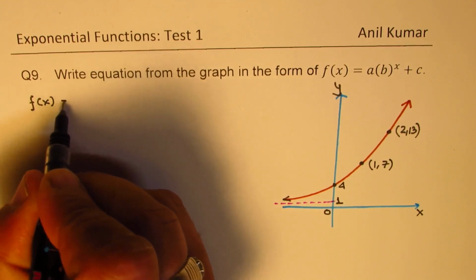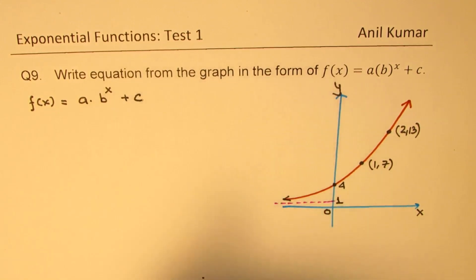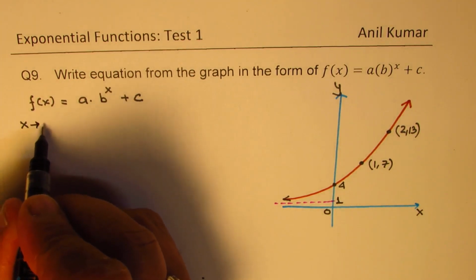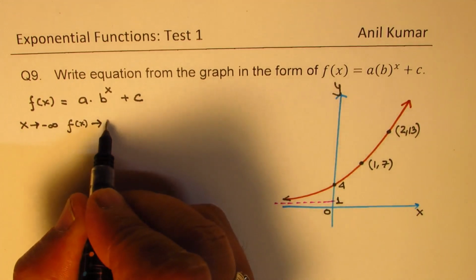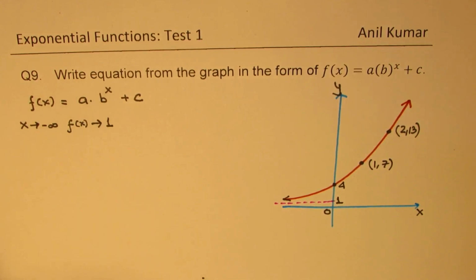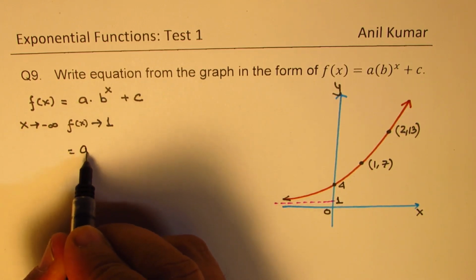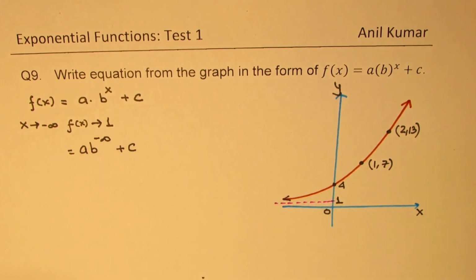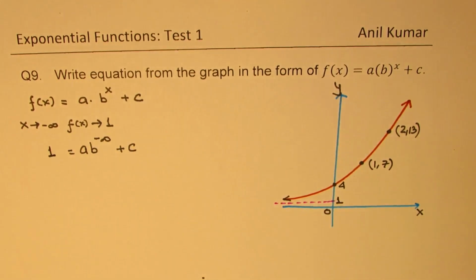So we are given the function in the form of a times b to the power of x plus c. So let's begin with this information, which is as x approaches negative infinity, f of x approaches 1, right? So if I substitute this value here, what do I get? If x is negative infinity, on the right side, I write b to the power of negative infinity plus c, and f of x is approaching 1, so let me write 1 here.